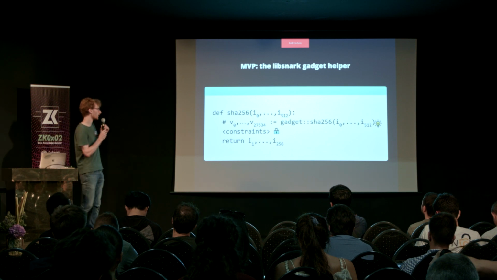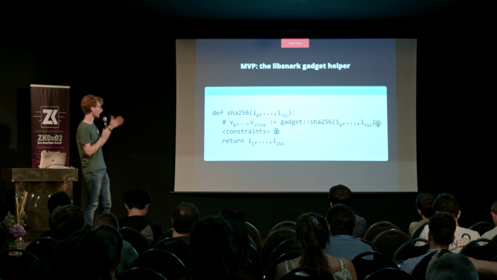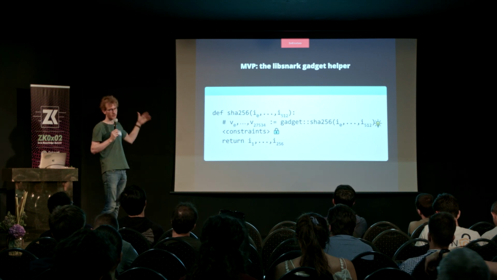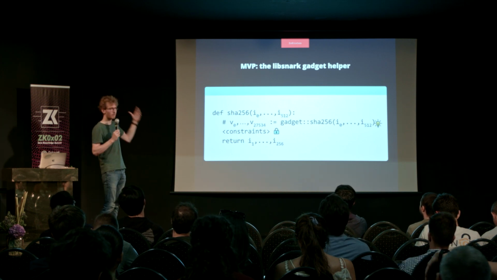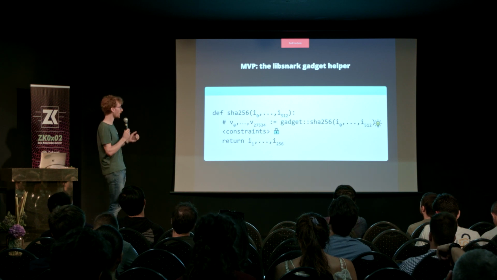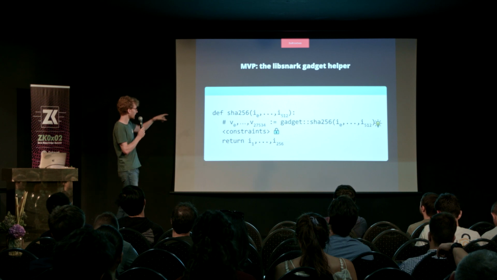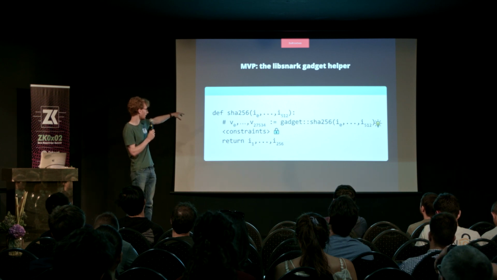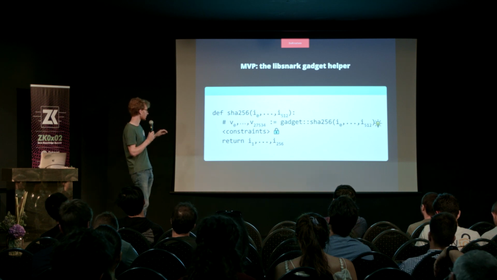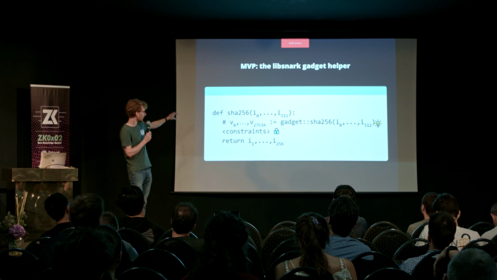So we took that approach and applied it to SHA-256, and this is what we ended up with. We have basically a ZoKrates function, which is a wrapper around the SHA-256 libsnark. So the way it works is that SHA-256 in our case takes 512 inputs. It takes your inputs, and then you have this solver.